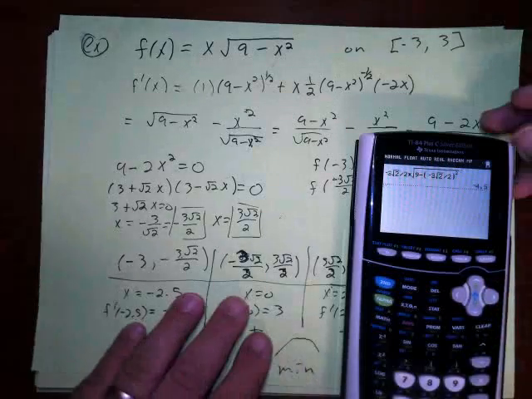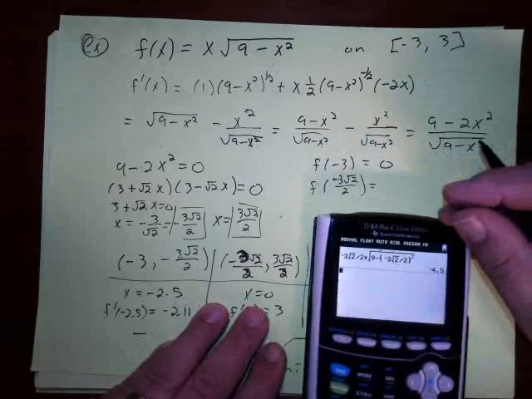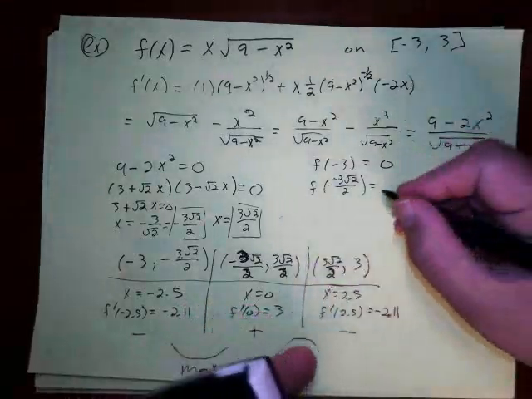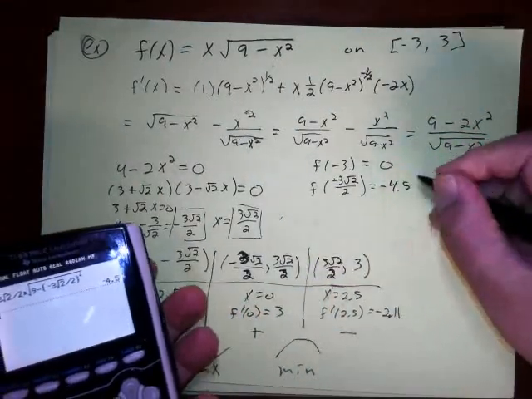When you do that, it actually equals negative 4.5. So that turned out nice.